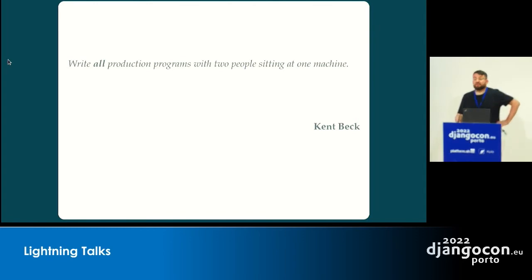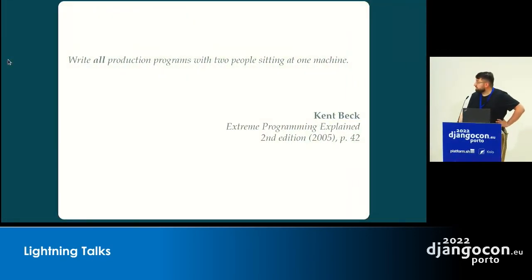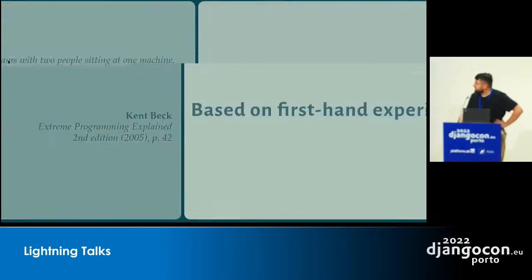So Kent Beck wrote once that all the code that we put into production should be written in pair. And you might consider that statement a little bit extreme, but when you look at the book where he wrote it, it's a book about extreme programming, so you may expect extreme measures.